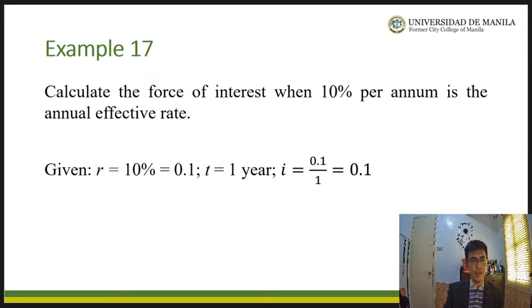And then we have here i is equal to 0.1 over 1, which is r over m, which is 0.1. And what is unknown is delta, which is the force of interest.